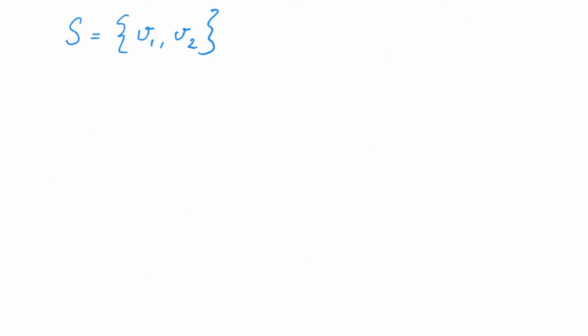Let us now consider a set that contains two elements. Let these two elements be v1 and v2. And now we are going to consider the smallest subspace that contains S. As a subspace is closed under scalar multiplication, we know that c1 v1 belongs to this subspace. And for the same reason, we know that c2 v2 belongs to the subspace.